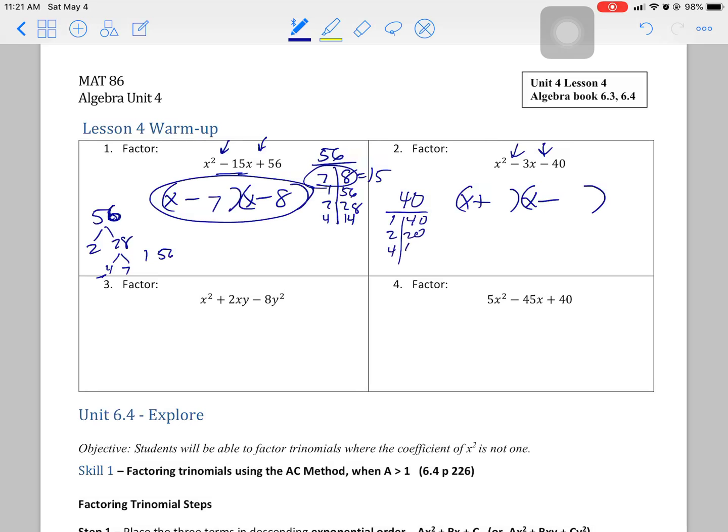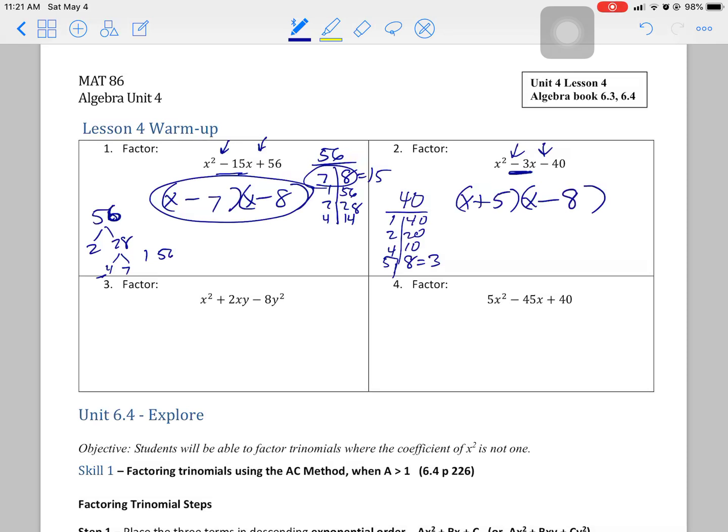How about 4 times 10? That's 6 apart. What else goes into 40? 5 and 8. Oh, that one's 3 apart. So 5 and 8 are my answers, but which one do I put where to get a negative 3 when I FOIL it back? So that means the larger one has to be negative and the smaller one positive.